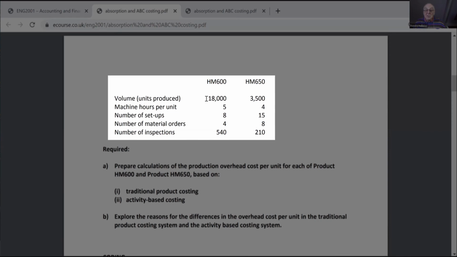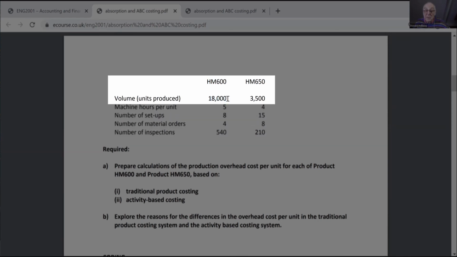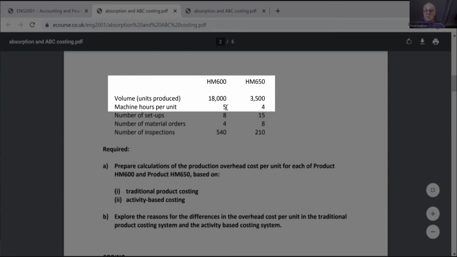Now, the production that's budgeted for HM600 is 18,000 units. For HM650, it's 3,500. This is the big product, and this is very much supplementary to that one. Each of these requires different times on the machine, 5 hours here and here 4.